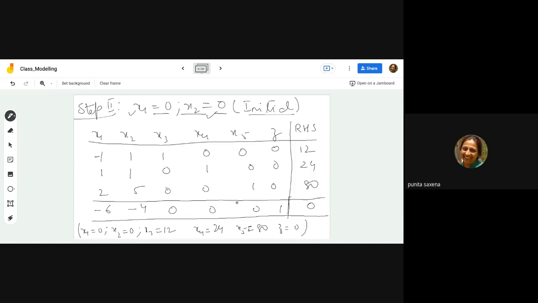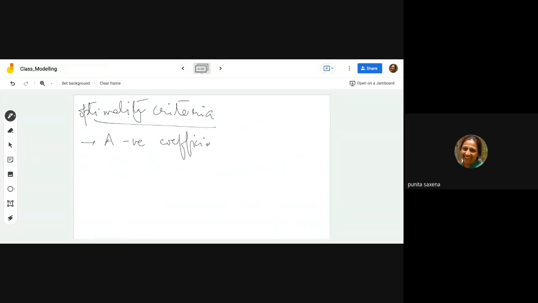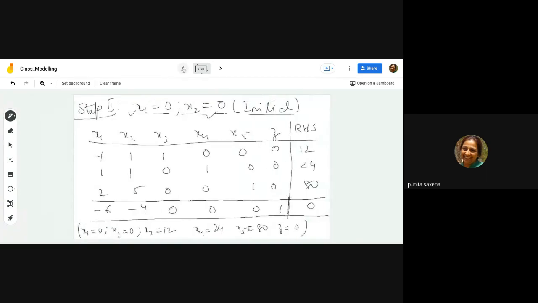As I said, now understand this again properly. Either this solution is optimal. Okay, let's talk of the optimality criteria right now. To remember the rule, just remember that if you have a negative coefficient in the last row, which you have written at the end of the table, okay, which is your last row?